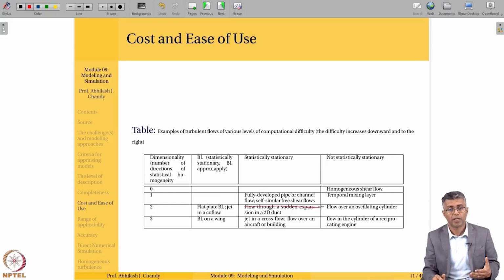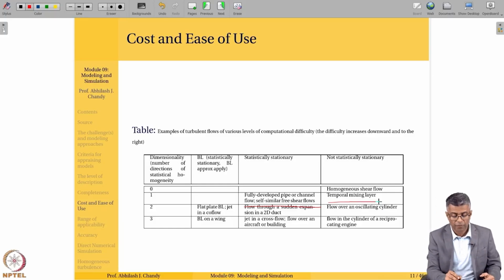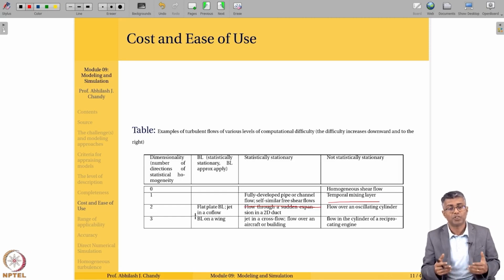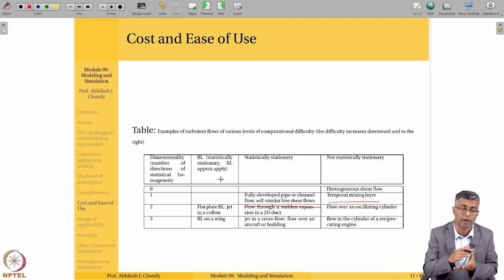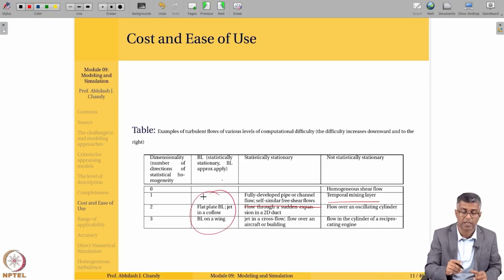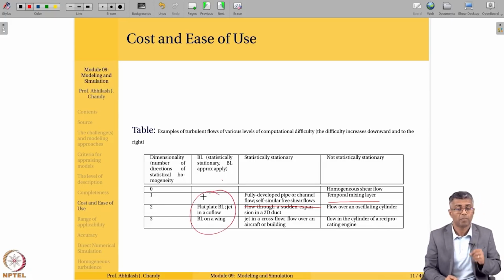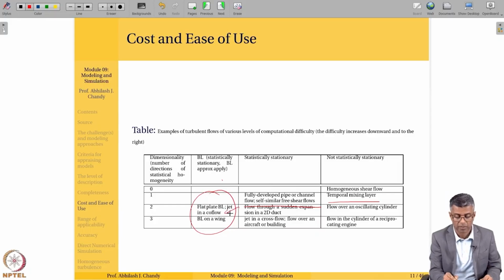A temporal mixing layer, where you have a mixing layer that is changing with respect to time, could also be 1D. 2D examples are a flat plate boundary layer flow and a jet in a co-flow. These are statistically stationary, and the boundary layer approximation applies here. It is 2D, but the boundary layer approximation applies.